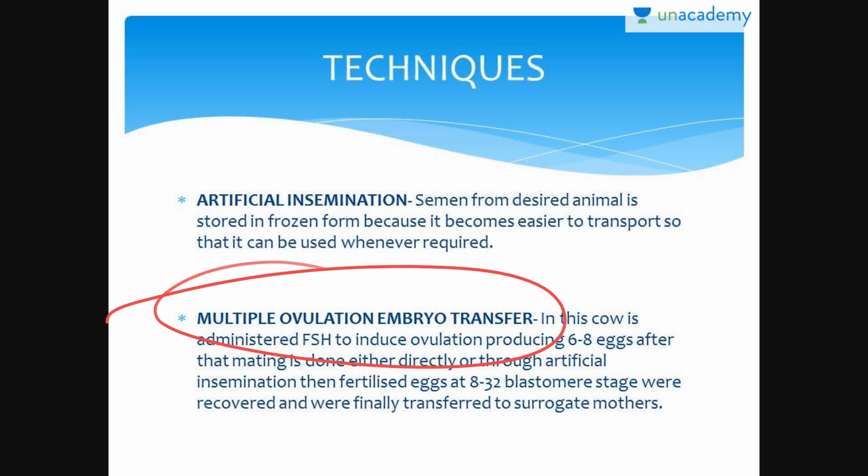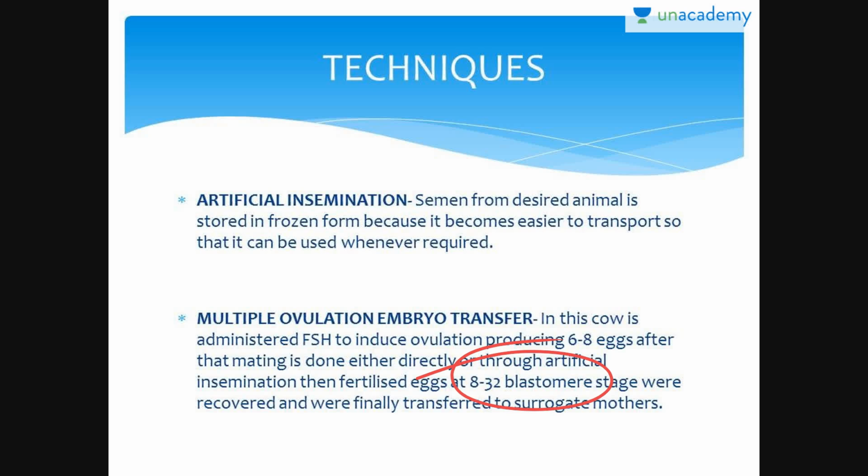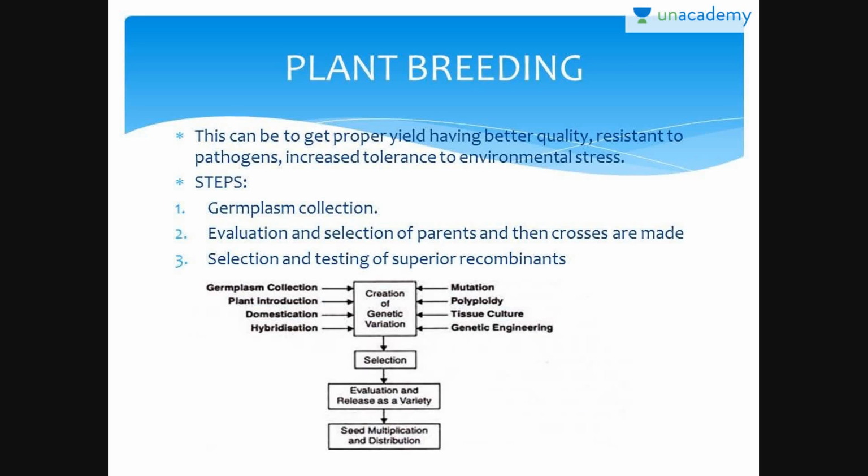In this, the cow is administered hormones to induce ovulation, producing 6 to 8 eggs, after that mating is done, either directly or through artificial insemination. Then fertilized eggs at 8 to 32 blastomere stage are recovered and finally transferred to the surrogate mothers. The next topic will be plant breeding.